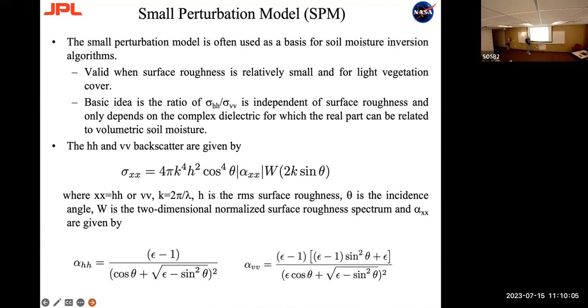This is what alpha looks like. Alpha depends upon the dielectric and on the incidence angle. So if I take the ratio of sigma HH to sigma VV, all this other junk that I don't want cancels out. I'm left with alpha HH and alpha VV, which have just the dielectric property and an angle. And if I know a formula that relates the dielectric to soil moisture, I'm all done.